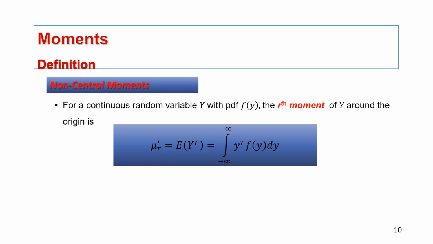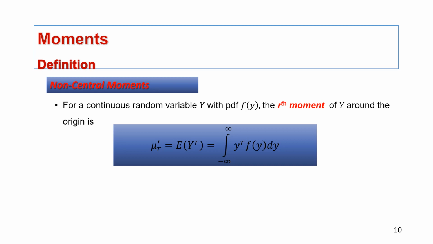In the case of discrete random variables, we take the sum for all possible values of y of y to the power r times the probability mass function of this random variable. But here, for the continuous case, we integrate from negative infinity to infinity.